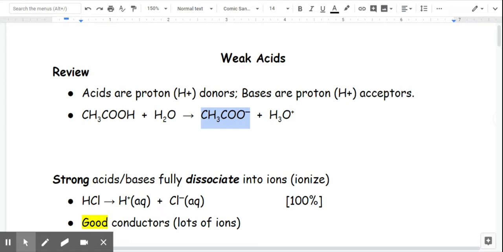How are they different? CH3COO minus. What's missing from the original molecule? There's a hydrogen missing, specifically an H plus. So if the hydrogen is missing, that means the original reactant here, CH3COOH, donated or lost the H plus, making it by definition the acid.